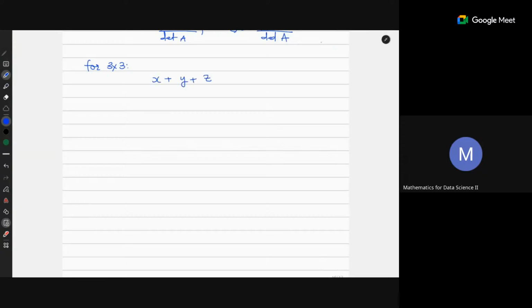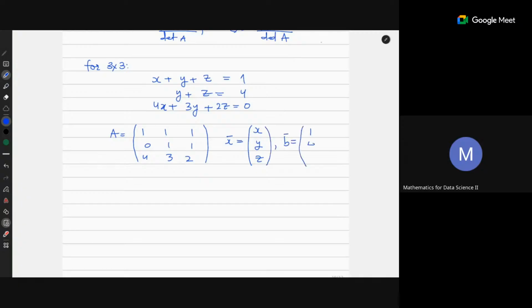You have three variables: x plus y plus z is equal to 1, y plus z is equal to 4, and 4x plus 3y plus 2z is equal to 0. So what is the corresponding coefficient matrix? It is 1, 1, 1, 0, 1, 1, 4, 3, 2. Vector x is x, y, z. And vector b is 1, 4, 0.